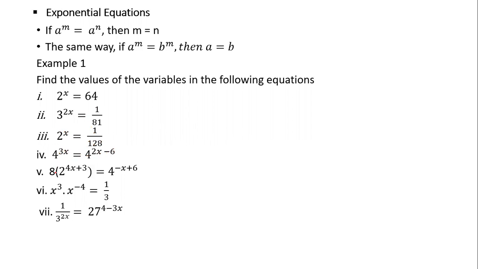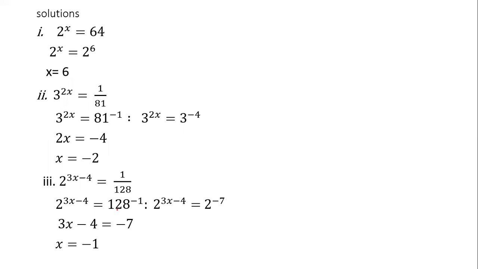Five, 8 into bracket, 2 raised to the power 4x plus 3, equal to 4 raised to the power negative x plus 6. Next one, x cubed times x raised to the power negative 4 equal to 1 over 3. Last one, the seventh one, 1 over 3 raised to the power 2x equal to 27 raised to the power 4 minus 3x. So let's see how to solve them.